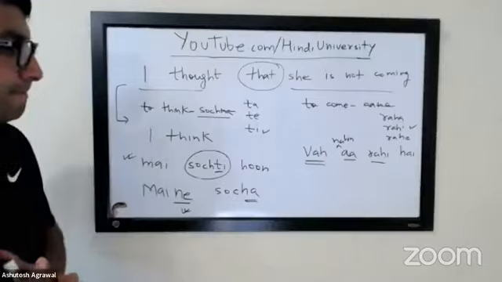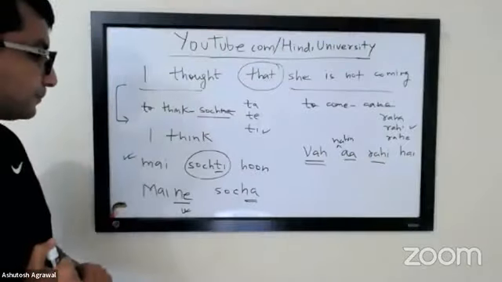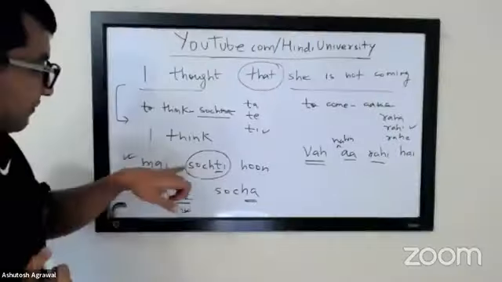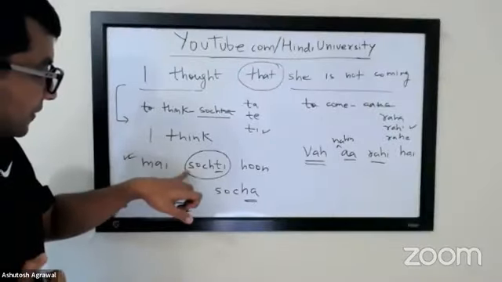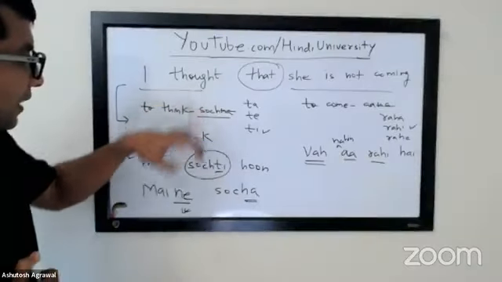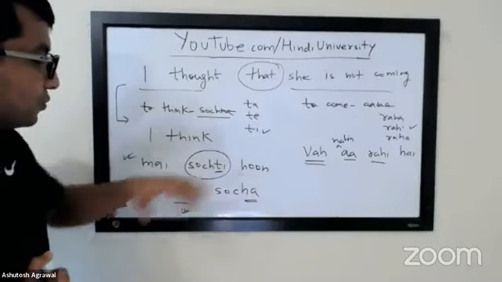Anyone else? Hi, what does Maine Socha translate to? I thought. But what's the difference between the two? Maine Socha is I thought, and I think is मैं सोचती हूँ. Okay, I understand.